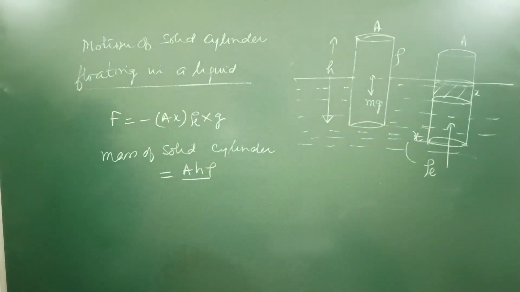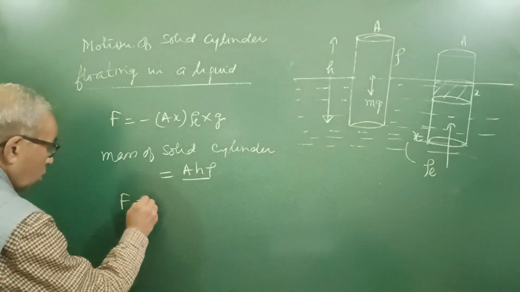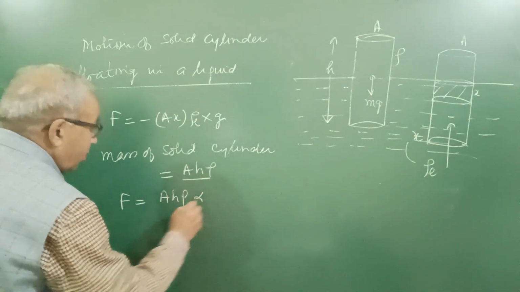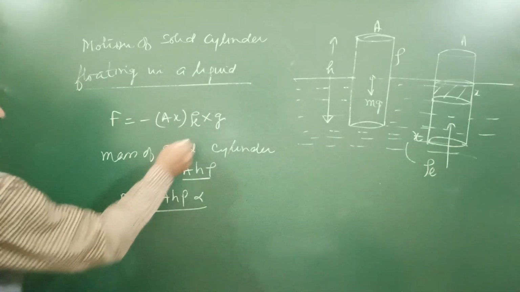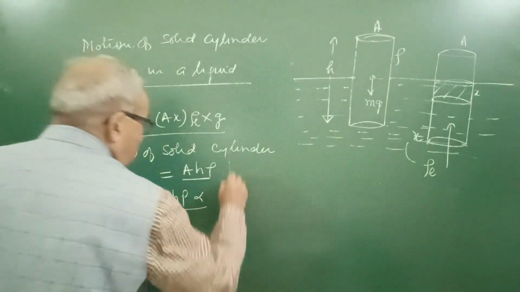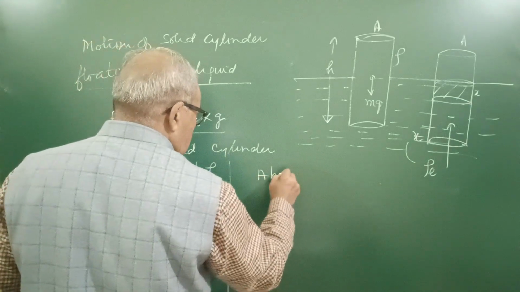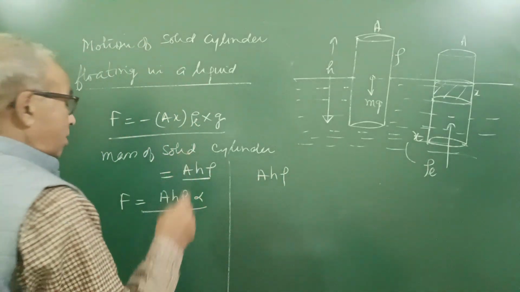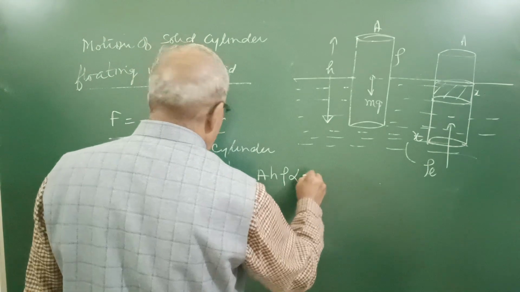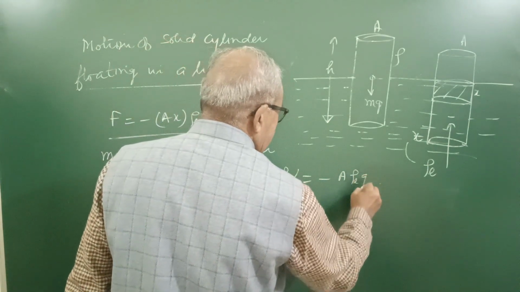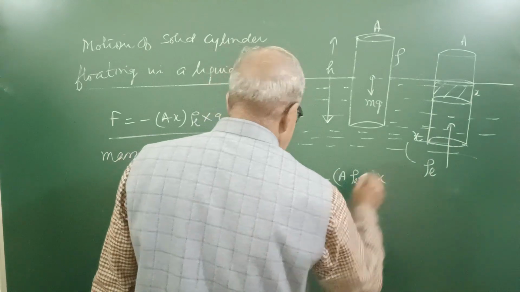If alpha is the acceleration, then F equals m alpha, that is A H rho into alpha. Comparing these two equations, what do we get here? A H rho, where rho is the density of solid, into alpha is equal to minus A rho L g into x.